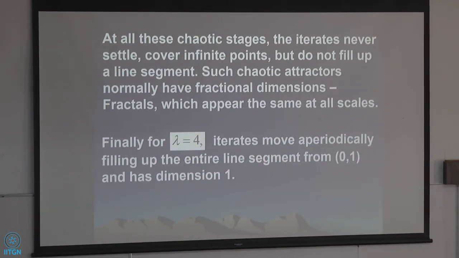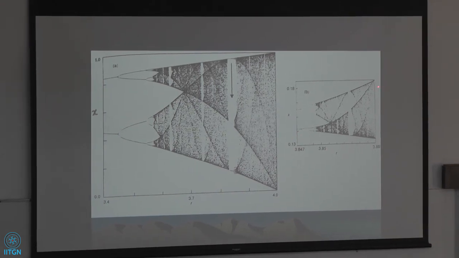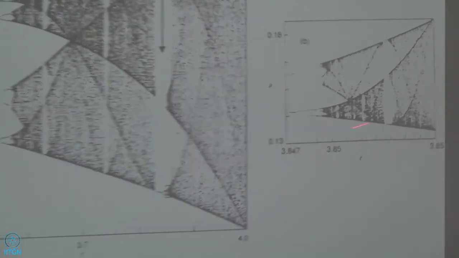Finally, for lambda equal to 4, the whole line 0 to 1 is filled up. Now, one thing to note is this little rectangular portion, if we blow it up, is from 3.847 to 3.85. This is this region. If you zoom, you see it looks like this.